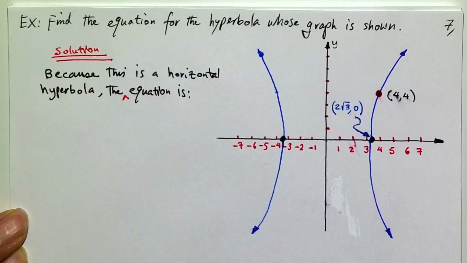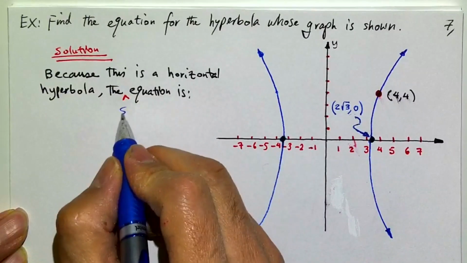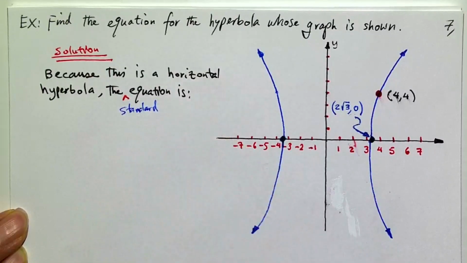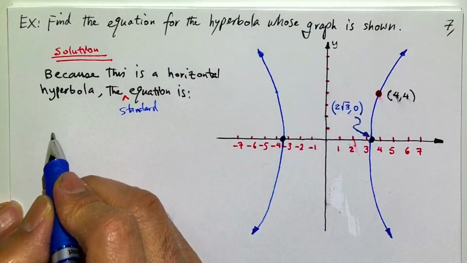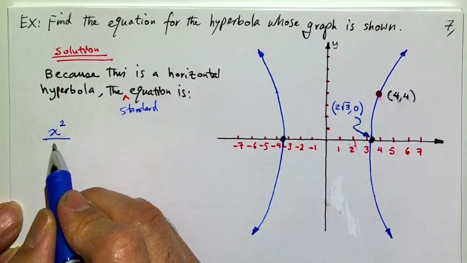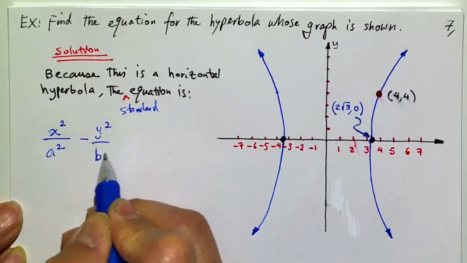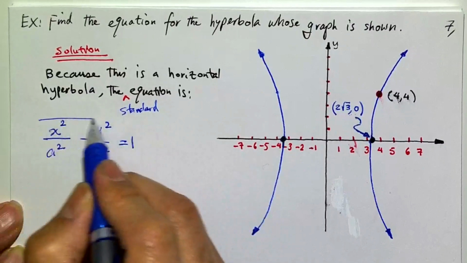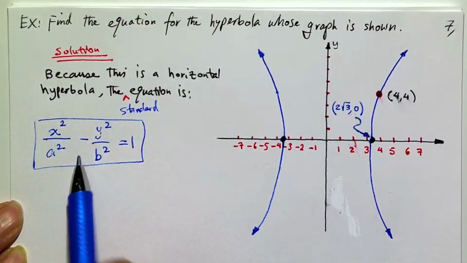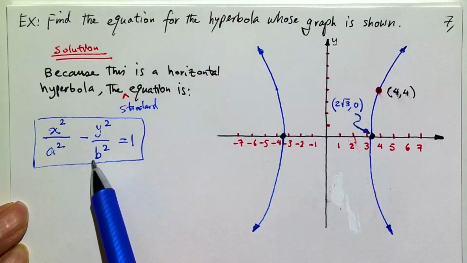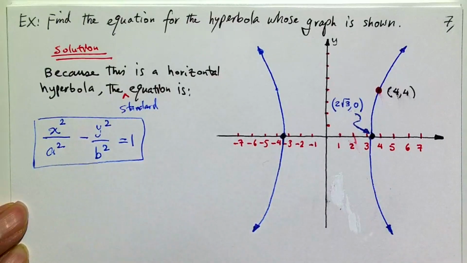So not the equation yet, we're going to find that. But the general standard equation is going to be like this. The larger number, or a squared, is going to be under x squared. So x squared over a squared minus y squared over b squared equals 1. So that's our general equation. We can easily write this down, but what is a squared and b squared now? That's our next task, okay?